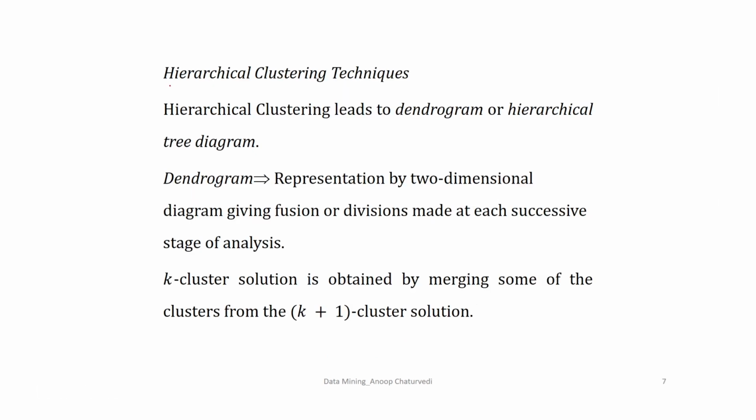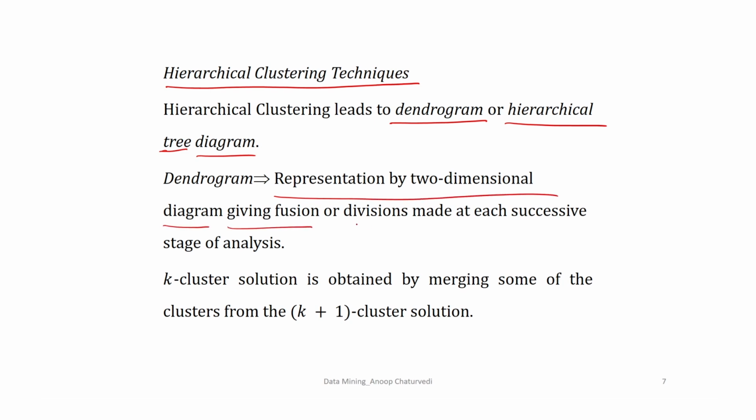Now, we consider hierarchical clustering techniques. Hierarchical clustering leads to a dendrogram or hierarchical tree diagram, and this dendrogram is a representation by a two-dimensional diagram giving the fusion or division made at each successive stage of analysis.